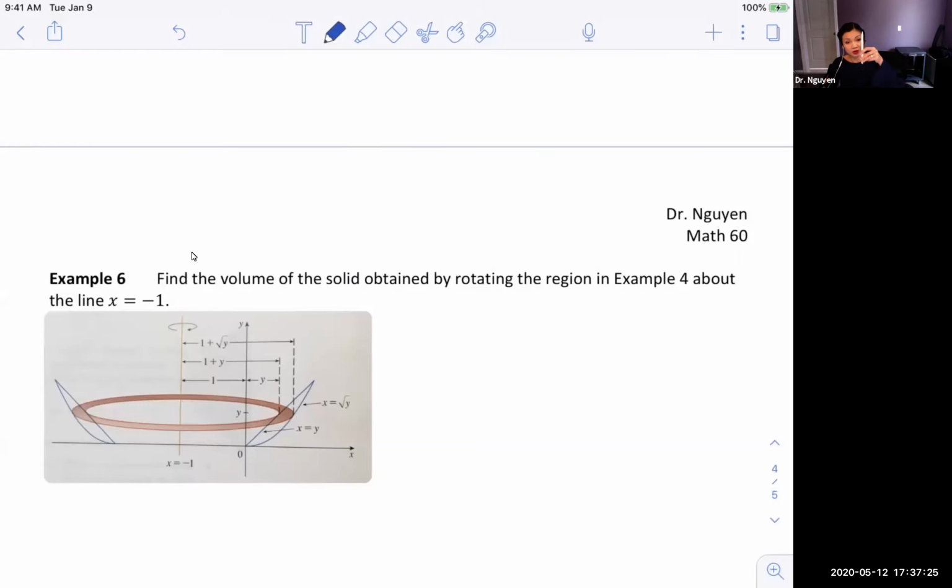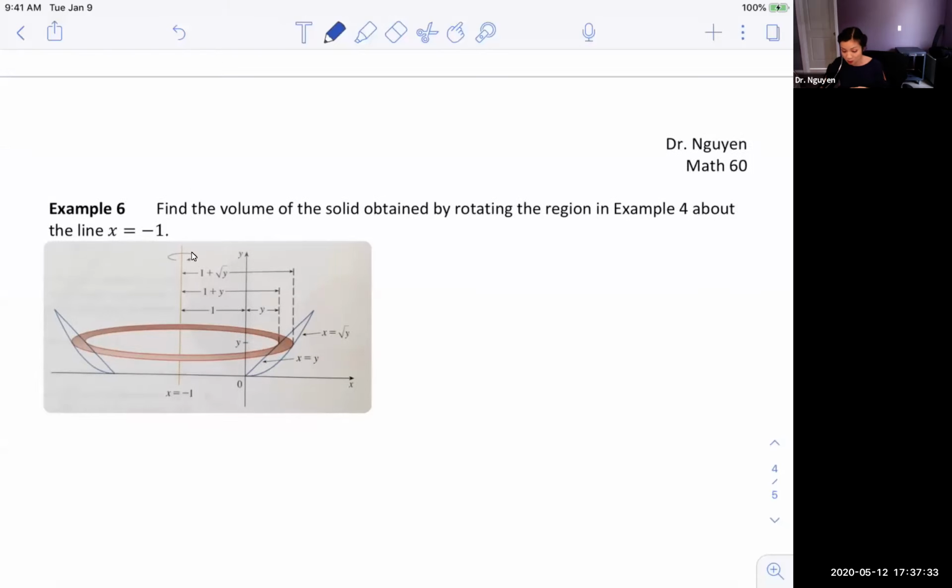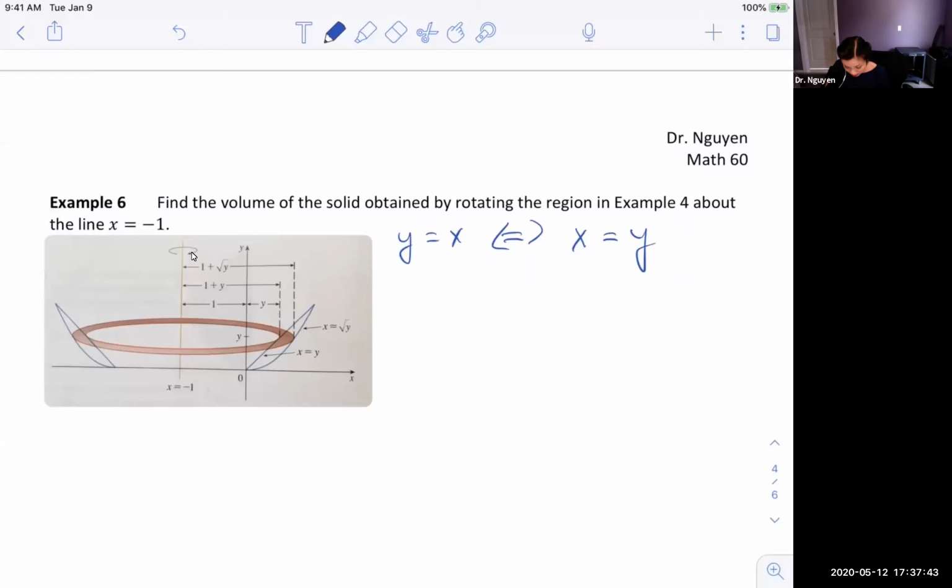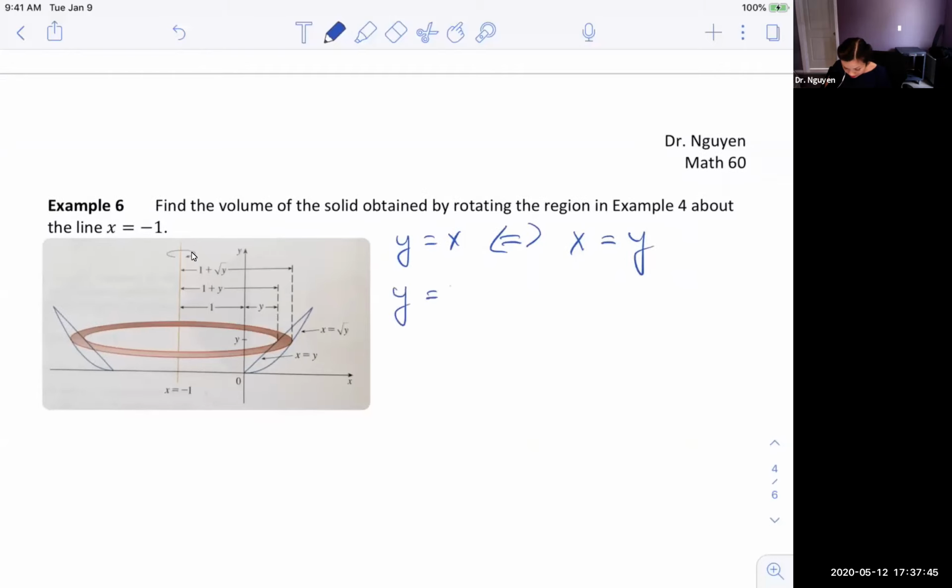So now we have a vertical line and we rotate about it, okay? So you see that we changed to y. That's why we can no longer use y equals x; we have to change it to x equals y. We can no longer use y equals x squared; we have to change it to x equals square root of y.